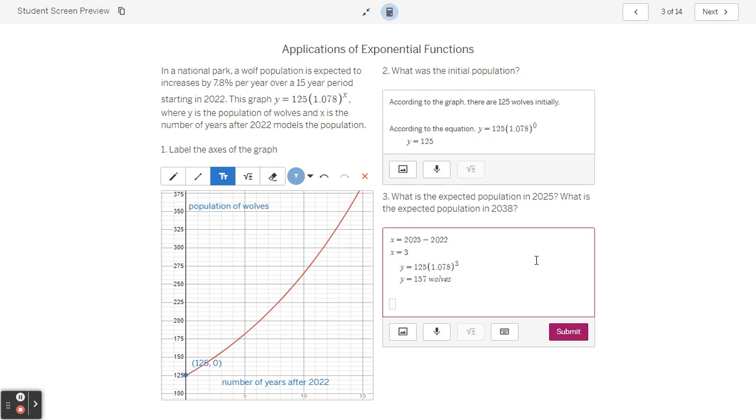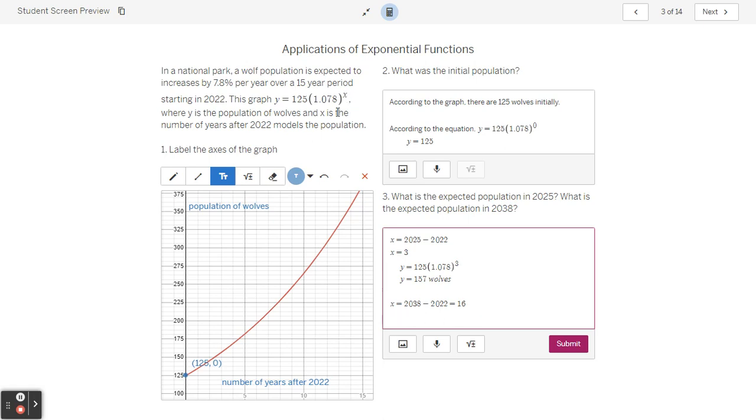Okay, in 2038, we now have an x that's equal to 16. That means 16 years after the equation was made. But in the beginning, it says that the equation is only valid for a 15-year period. So for us, it's not super accurate to substitute it in.